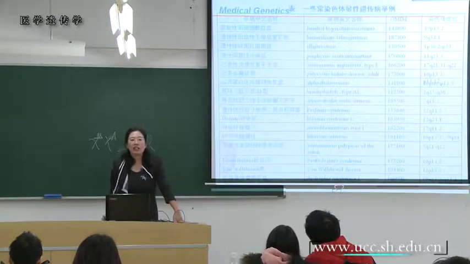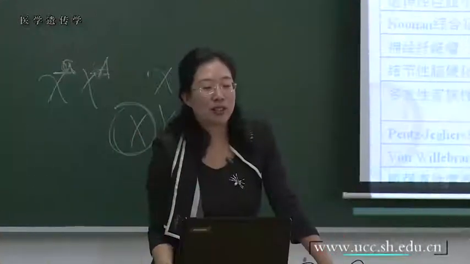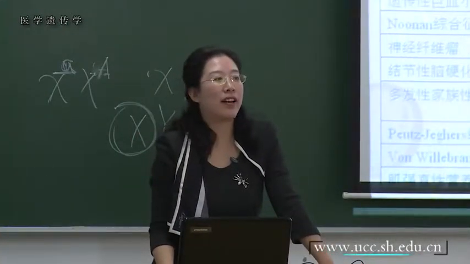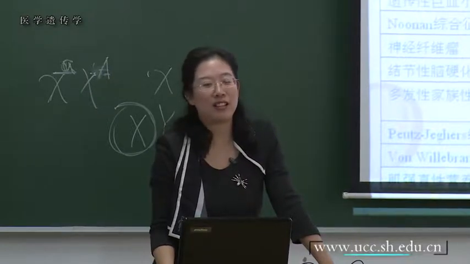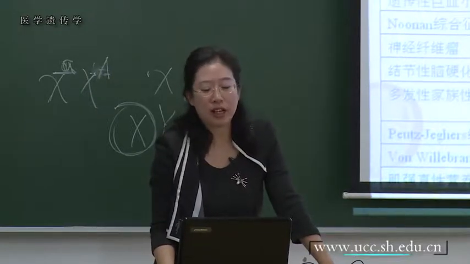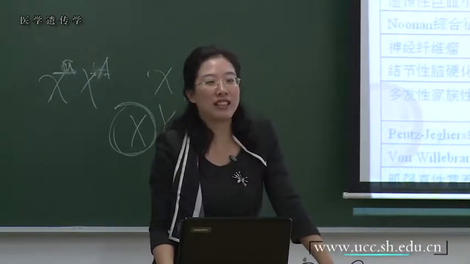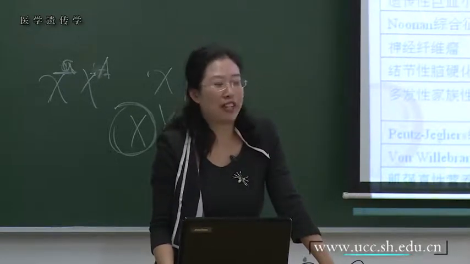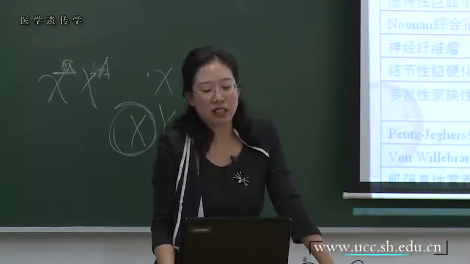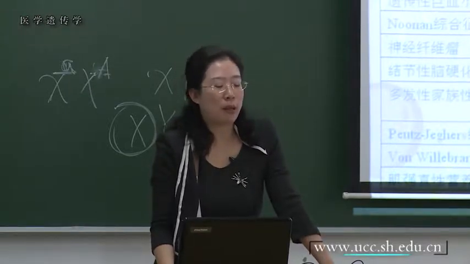In today's class, what I have mentioned is single gene disorder, like AIS, androgen insensitivity syndrome, like the beautiful dancer who got the disease and looks like a male and looks like a female. AIS is because of a single gene disorder, the gene encoding the androgen receptor.